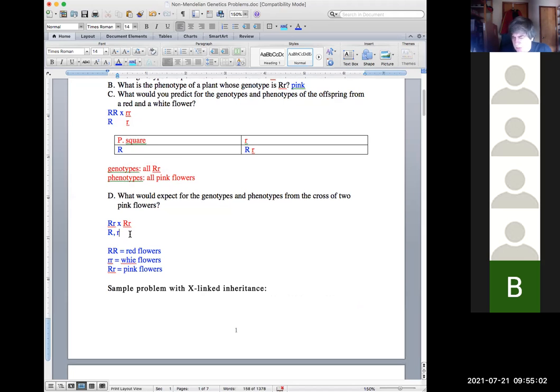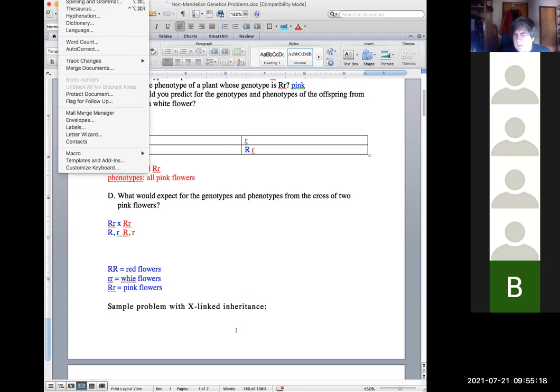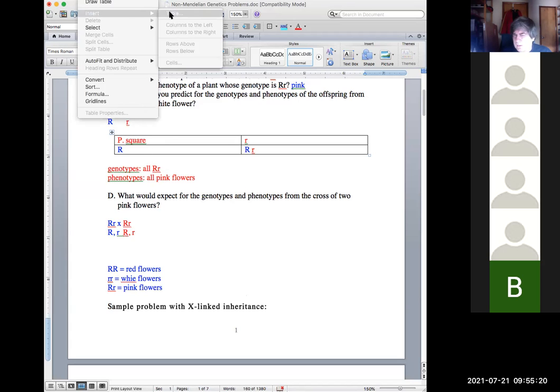The other allele comes from the other parent. Now, since mom has the same genotype, mom can make the same two types of gametes, big R, little r. So let's make a Punnett square here.